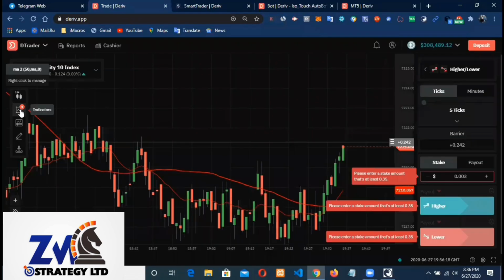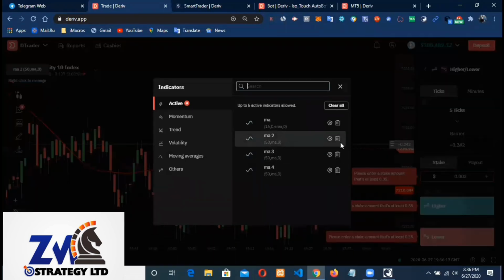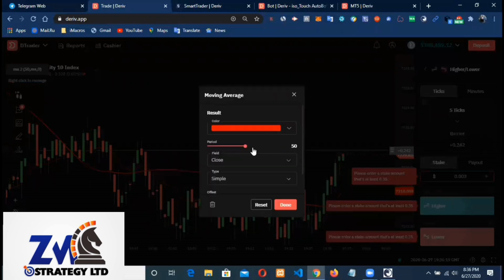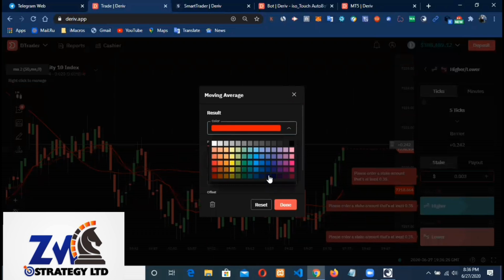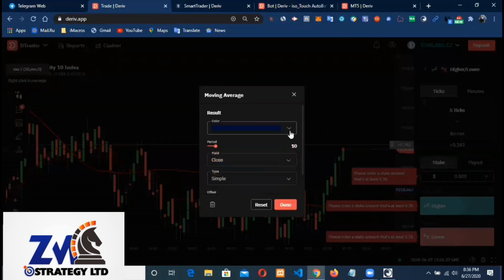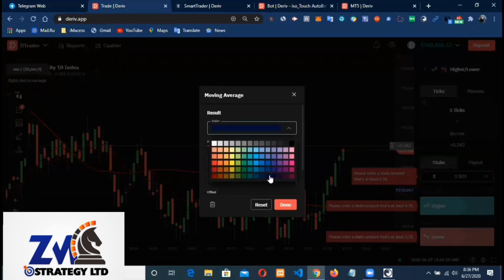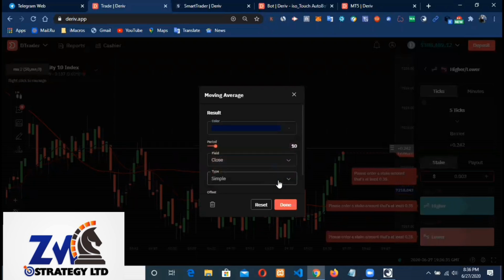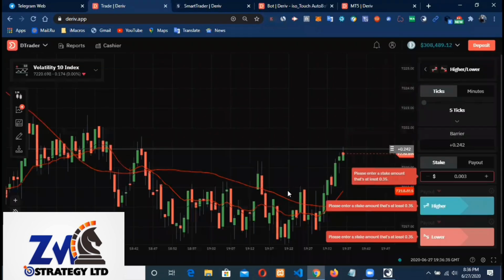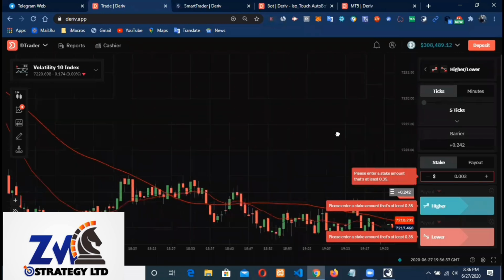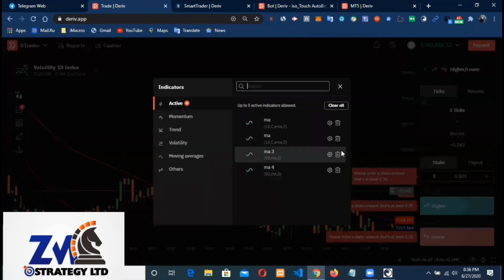Then we're also using moving average 10, and we are using blue, also exponential as well. The blue is not too clear, so let me change it to another color.